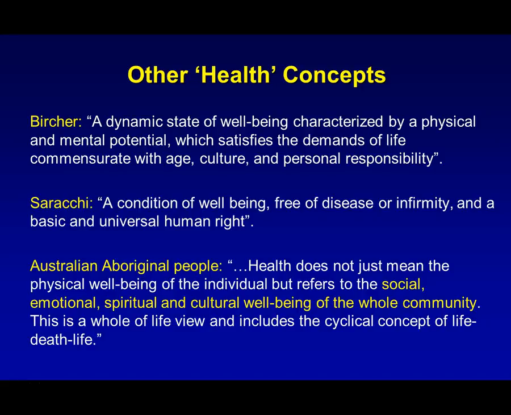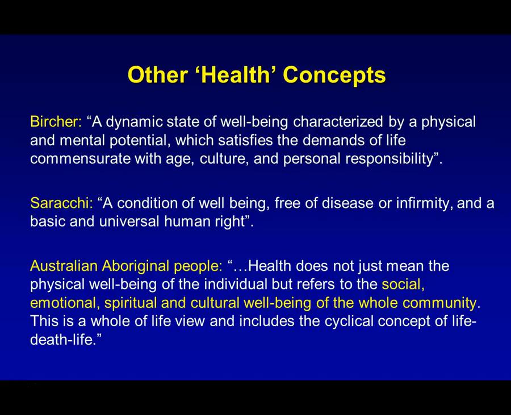There are many other health concepts. For example, Bircher stated a dynamic state of well-being characterized by a physical and mental potential which satisfies the demands of life, commensurate with age, culture and personal responsibility. And for example, the Australian Aboriginal people say health doesn't mean just the physical well-being of the individual, but refers to the social, emotional, spiritual and cultural well-being of the whole community.